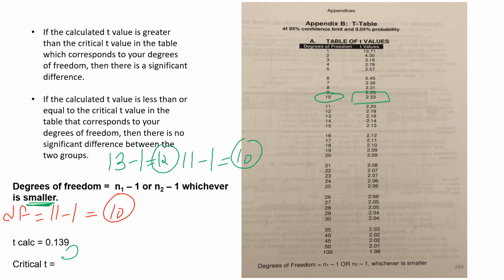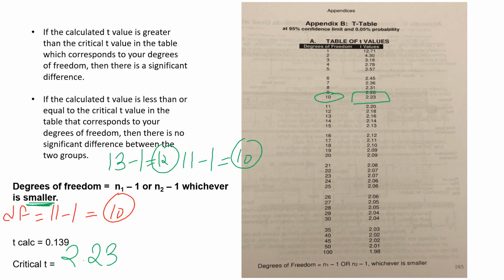So my critical t-value is 2.23. Now, that's the critical t-value that I got from the table. The one that I calculated earlier was 0.139.